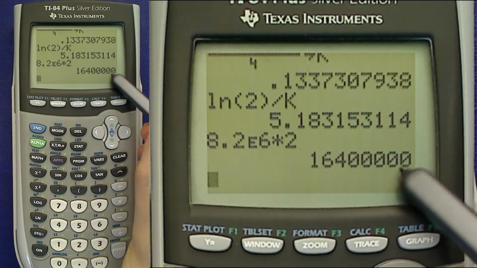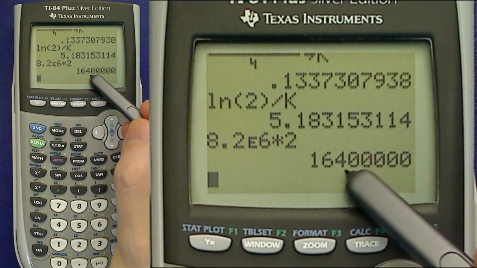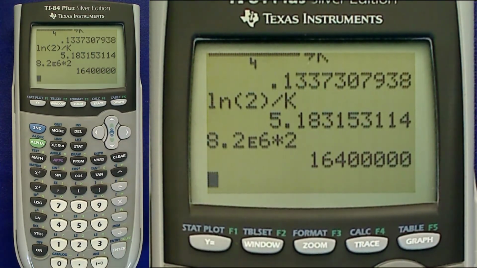That's 1, 2, 3, 4, 5, 6, 7. So that's 1.64 times 10 to the 7th.